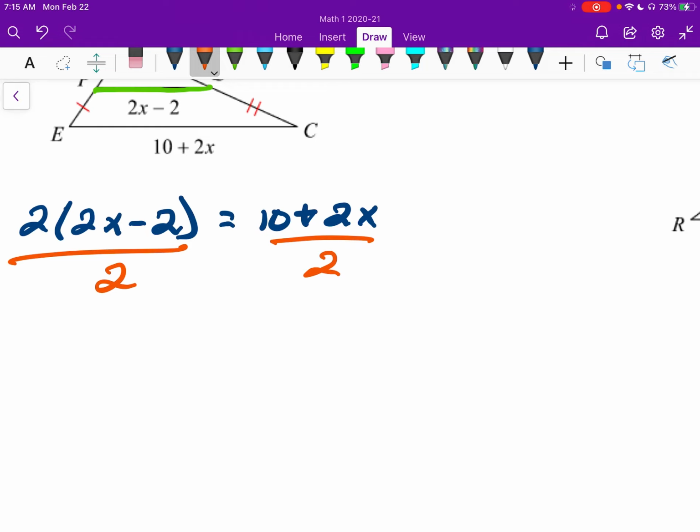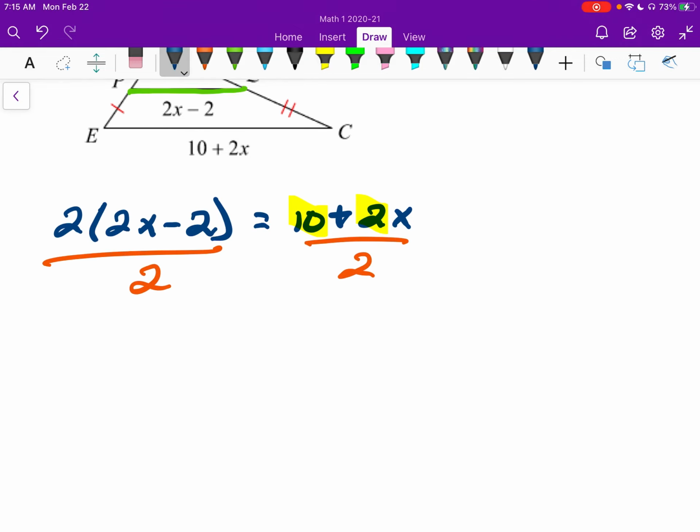And the reason I can do that is because on the side, I have a 10 and a 2. I can divide 10 by 2, right? That gives me 5. And then 2 over 2 gives me 1. So I'm going to have on the left 2x minus 2 equals 5 plus x.